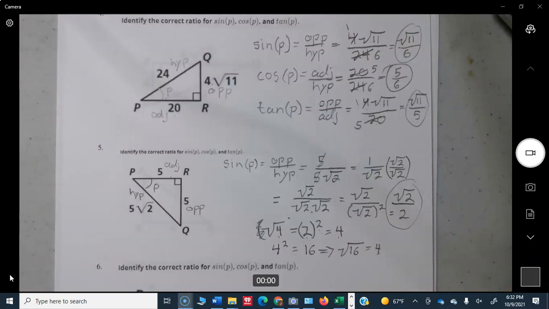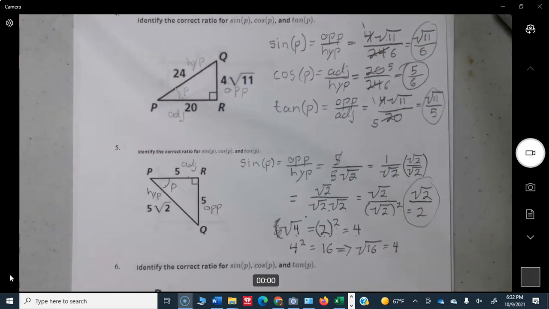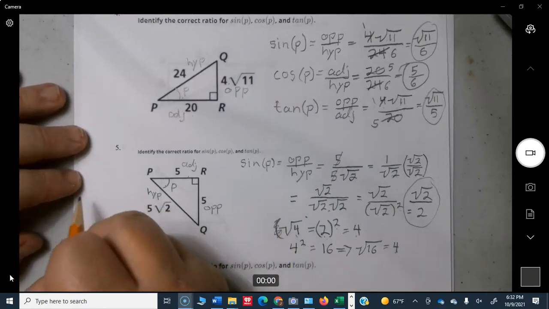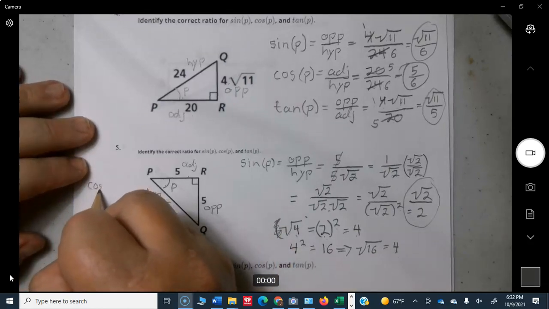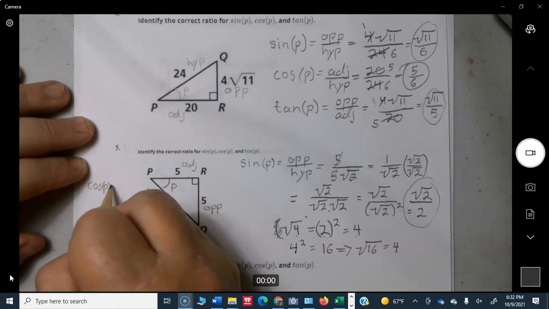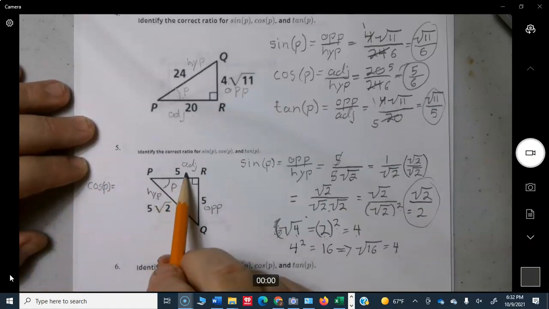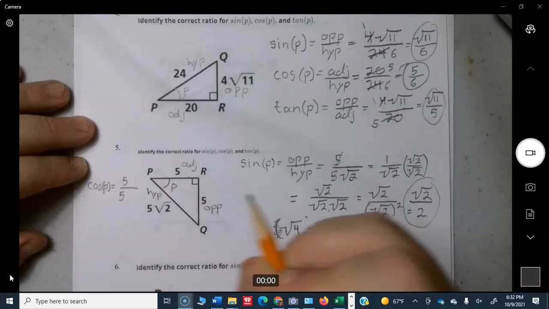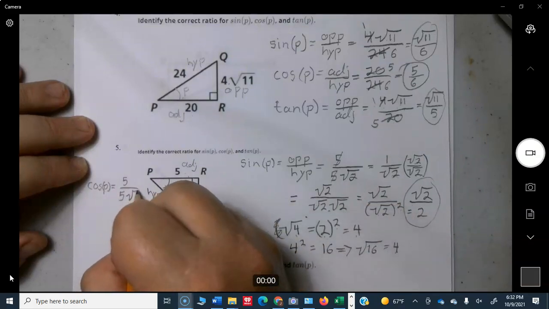Okay? All right, let's go ahead and do cosine P. I kind of used up a lot of my space, so I'm going to come over here. So cosine of P equals the adjacent, that's 5, over the hypotenuse, which is 5 root 2. So it's the same thing.